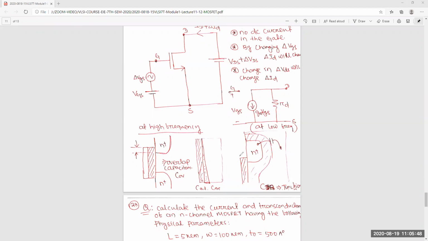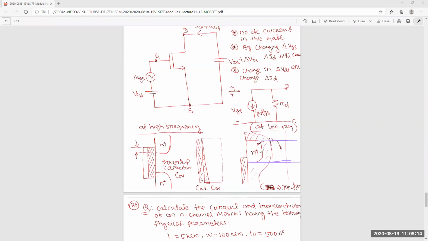Again here also you can see three capacitances. If you see this directly, this part underneath this N is called the bottom wall capacitance.